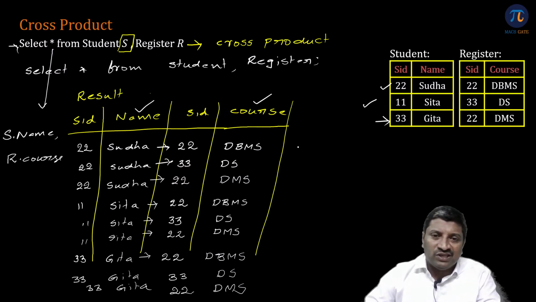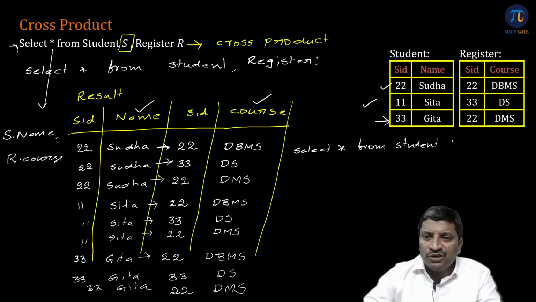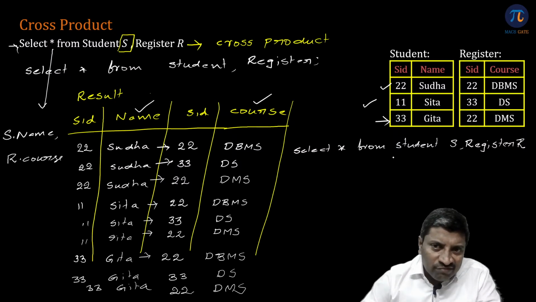For example, the same SQL query I am going to write like this: select star from student S. You can give any variables, not only S. For convenience we have given S comma R. Select star from this, but I don't want all the records.